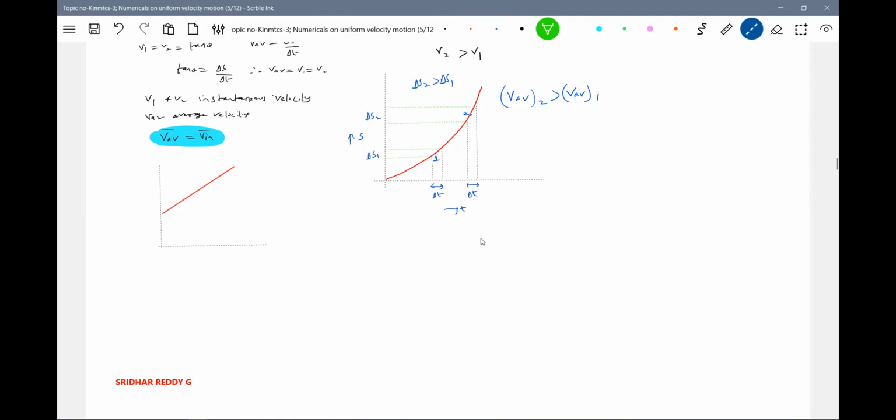Equal displacements in equal intervals of time. A vertical line, in black color. If you measure this delta S, it will be the same.